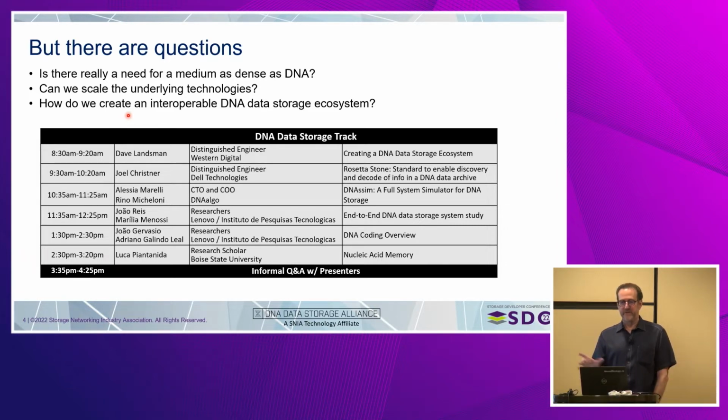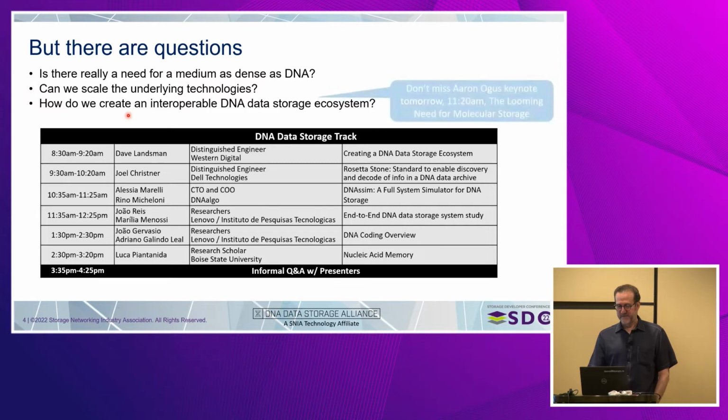Synthesis and sequencing, we're working on getting them to scale in performance and cost. And then how do we create an interoperable DNA ecosystem? Because if we create DNA storage products or an ecosystem, it needs to fit in. It's going to be a complement to existing storage. It's not going to replace hard drives or tapes. It's going to augment them. So we need an interoperable ecosystem.